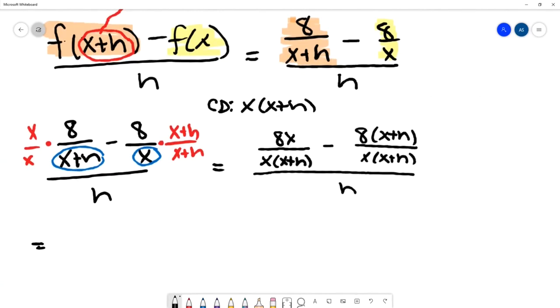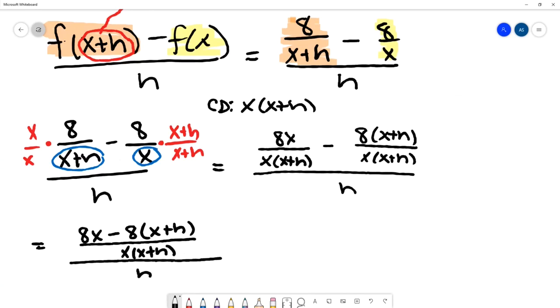Now that I have a common denominator, I can combine those two fractions together. And that would be 8x minus 8 times x plus h over x times x plus h, all over h.